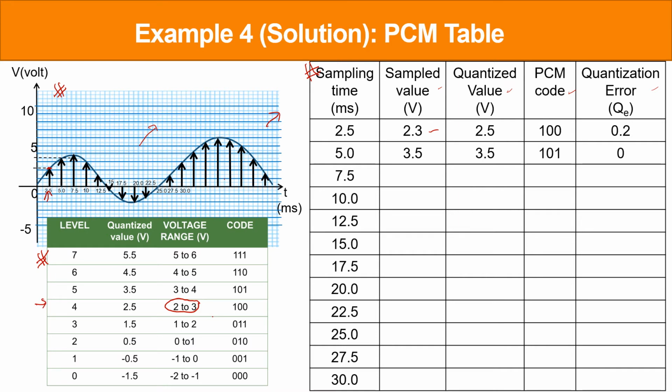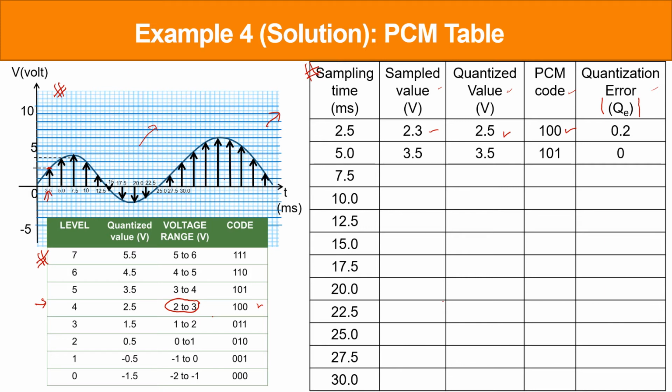So here is the quantized value, 2.5 volt. Here is the PCM code, which is 100, and the quantization error is the quantized value minus the sample value.